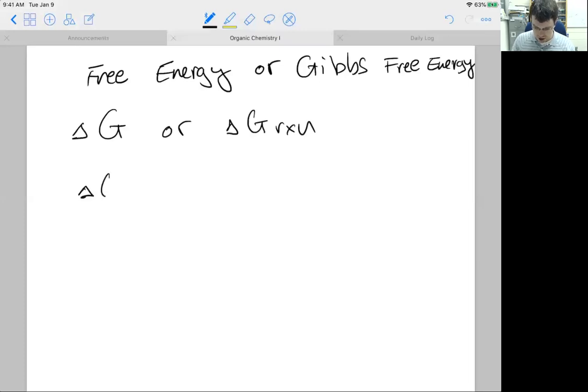And delta G for a reaction is equal to the delta H of the reaction minus T times the delta S of the reaction.